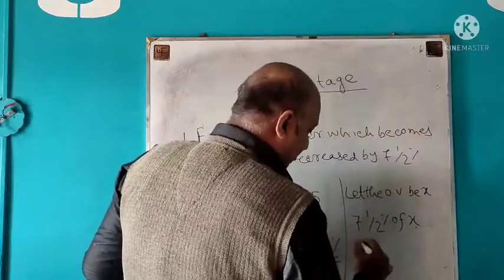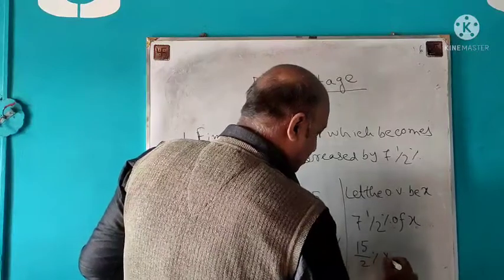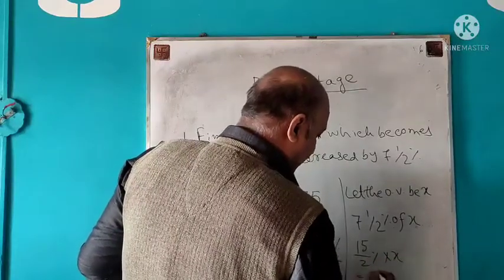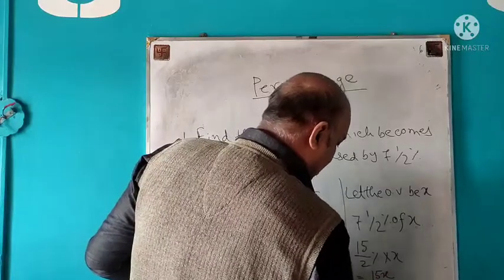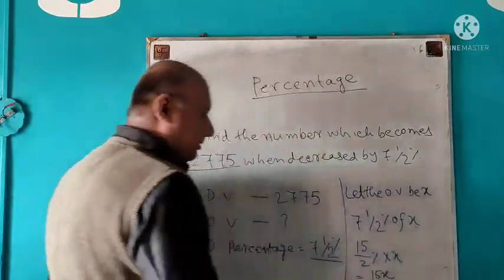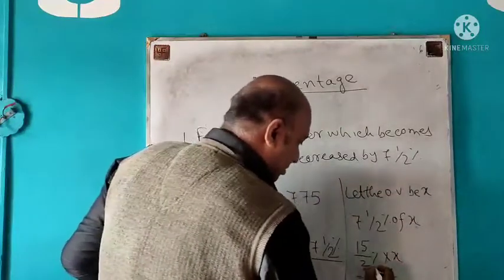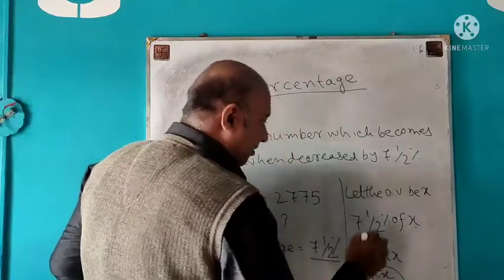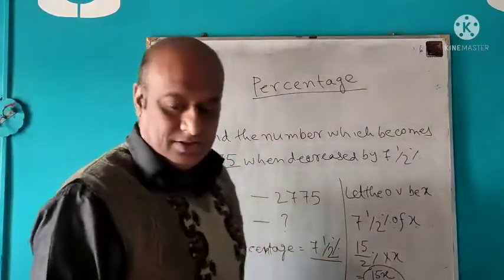So it is 15 by 2% into x. That means 15x by 200 is my value. So this is the value which is 7.5% of x.